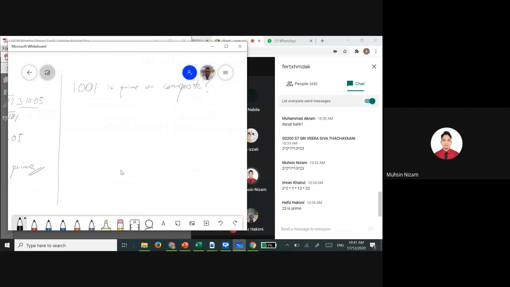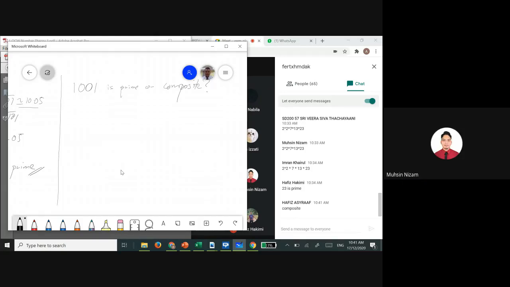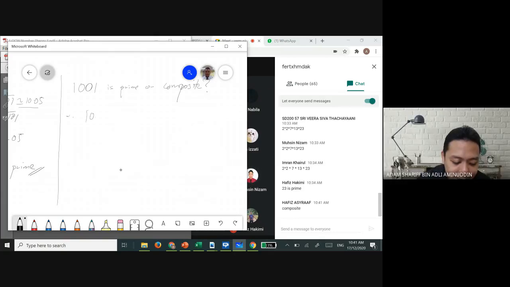Bukan prime. Composite. Kalau composite, apakah faktor dia? Apakah prime factor dia? Boleh? Musin beritahu. 7. Okay. Musin said that 1001 is composite.